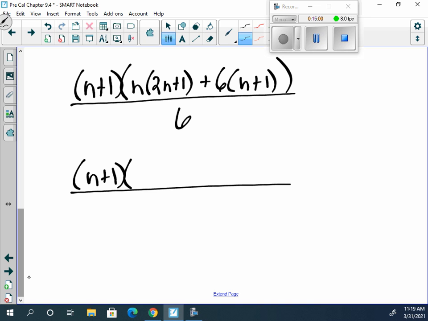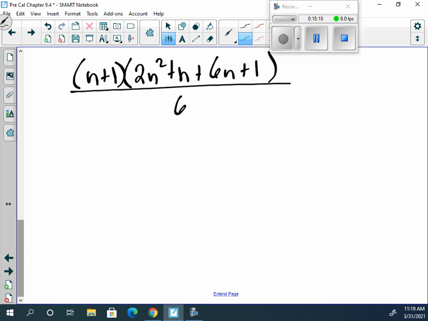Now what we can do is simplify this down, because we'll need to combine like terms and move things around and then factor it back out. So we can multiply 3 by n, which would give us 2n squared plus n plus 6n plus 1 over 6.